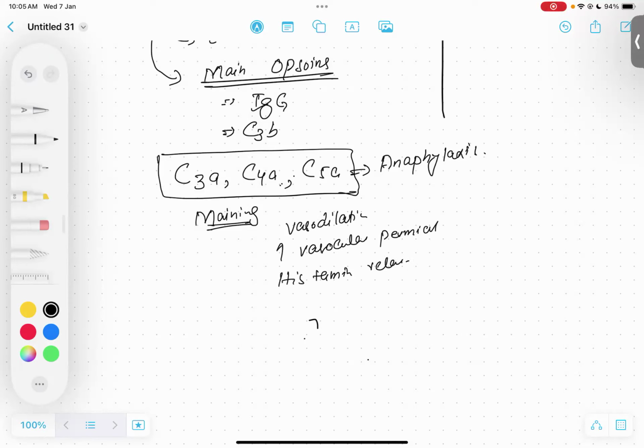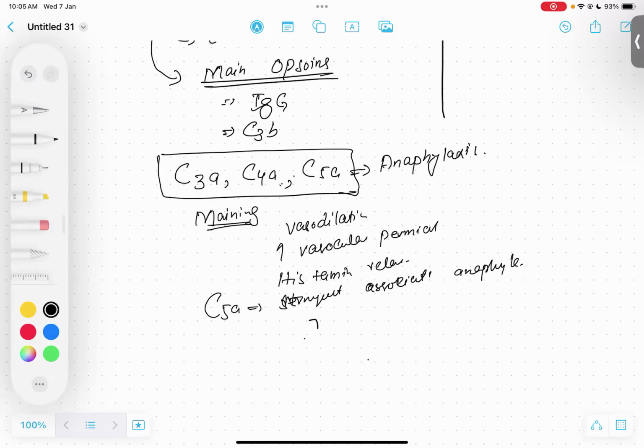And among these three, C5a will be the strongest associated with anaphylaxis.